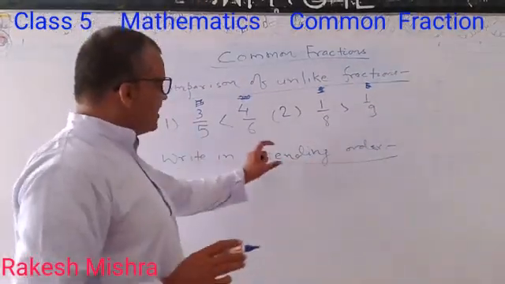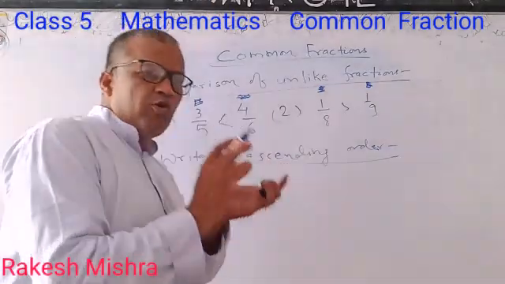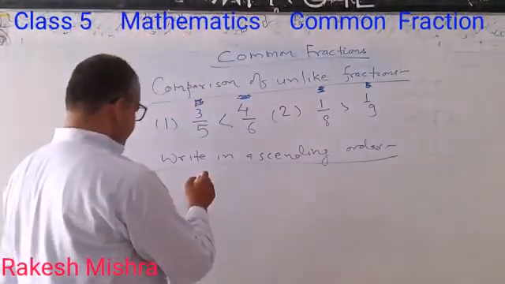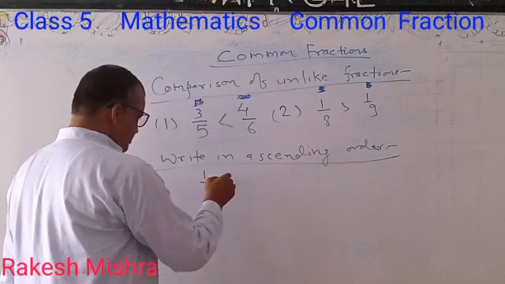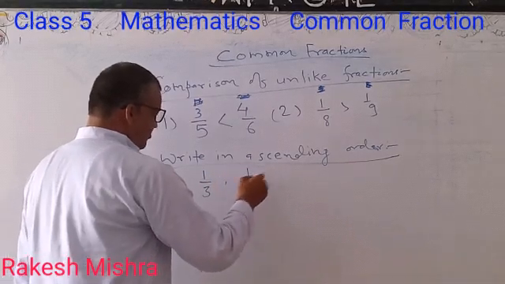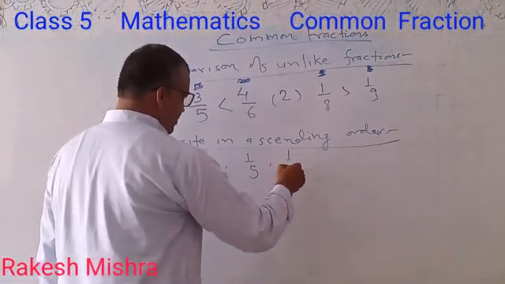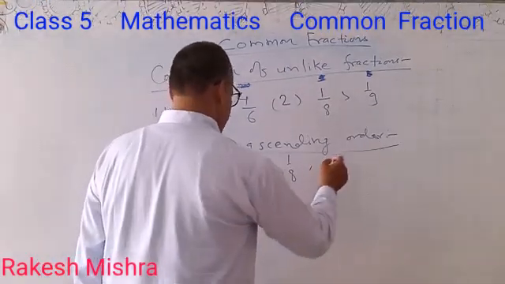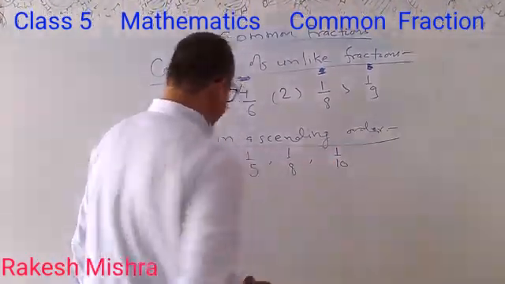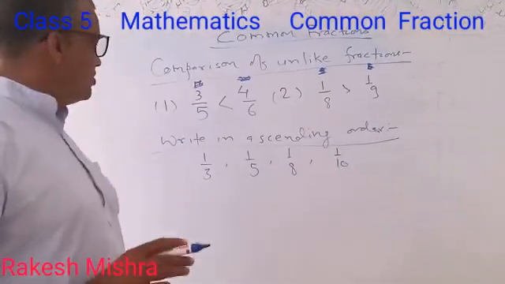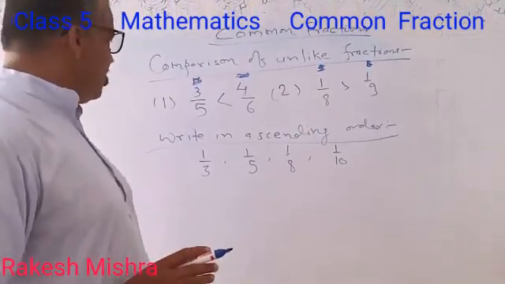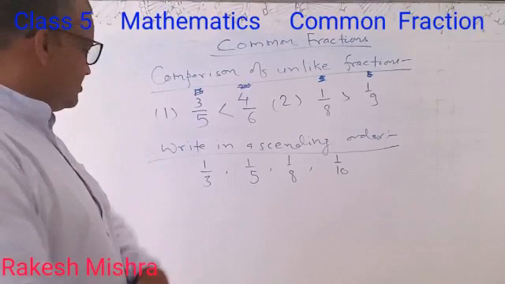You know, ascending order means from lowest to highest. 1 by 3, 1 by 5, 1 by 8, 1 by 10. We have to arrange these given fractions in ascending order.